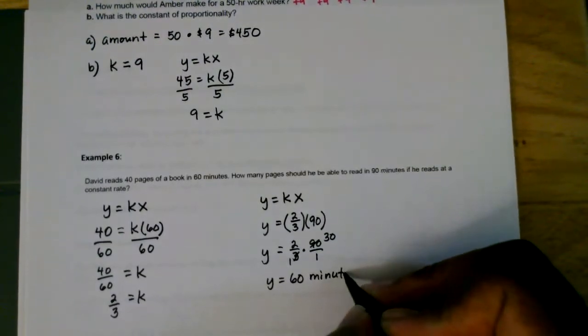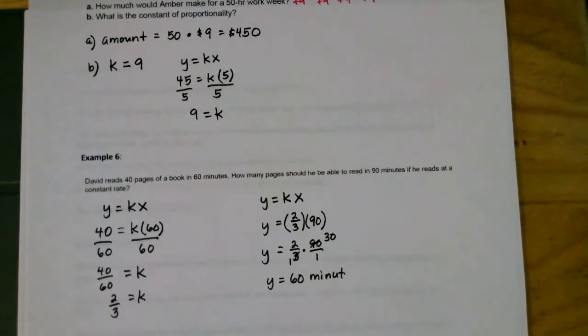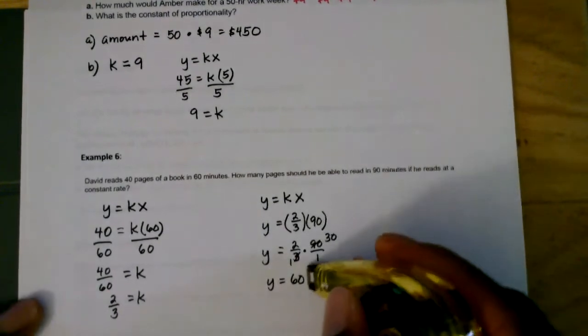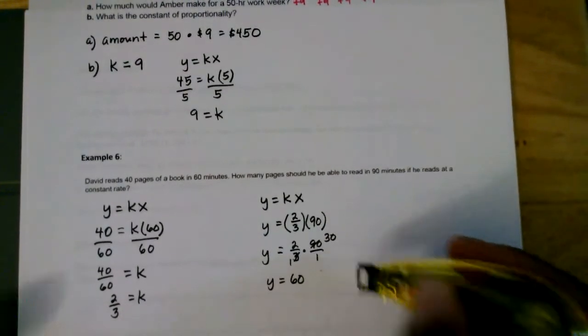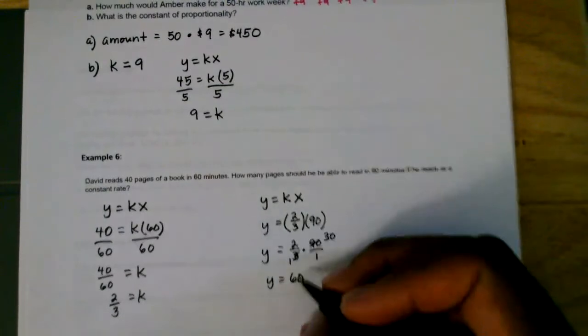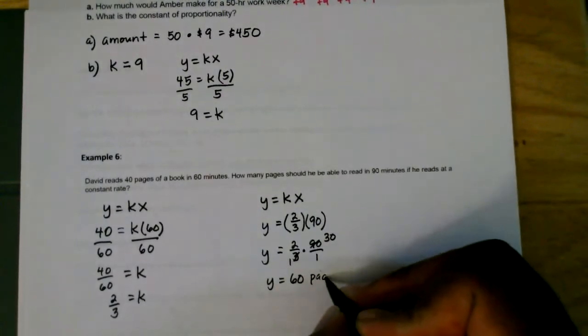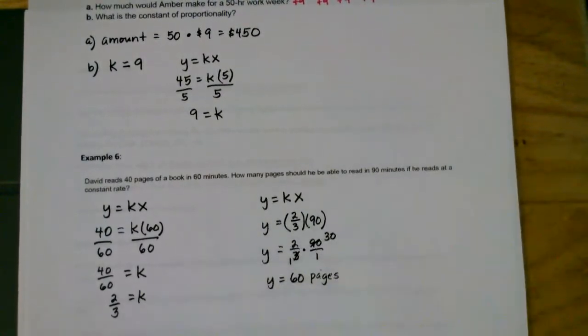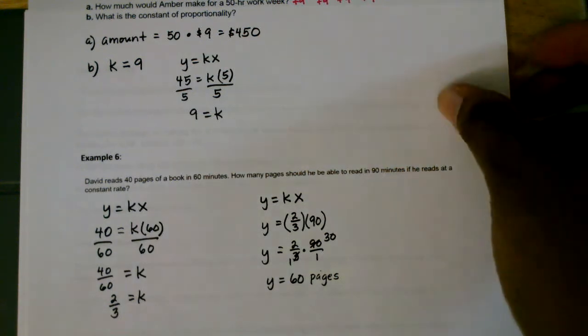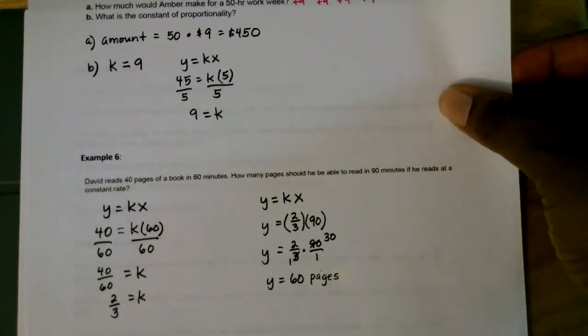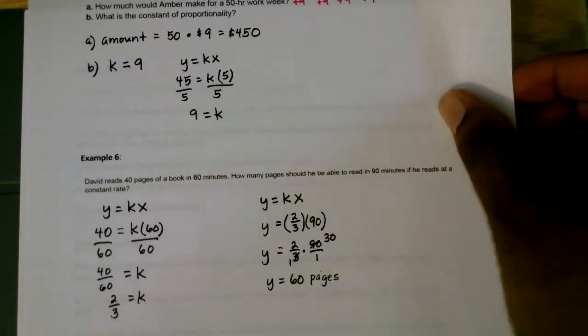Oh, I'm sorry, not 60 minutes, 60 pages, because Y is the number of pages that David reads. So 60 pages is going to be the number of pages that David should read in 90 minutes if he's reading at a constant rate. Okay, so that's how we use the constant of proportionality to work problems like this.